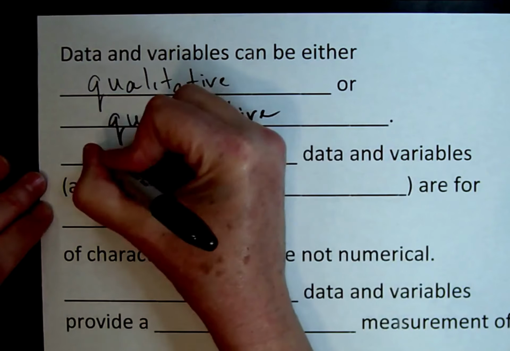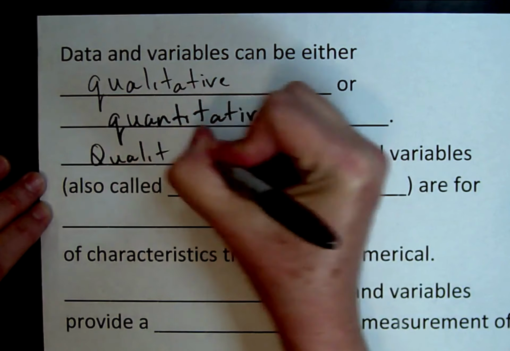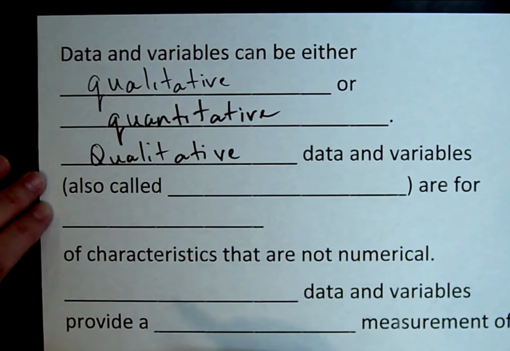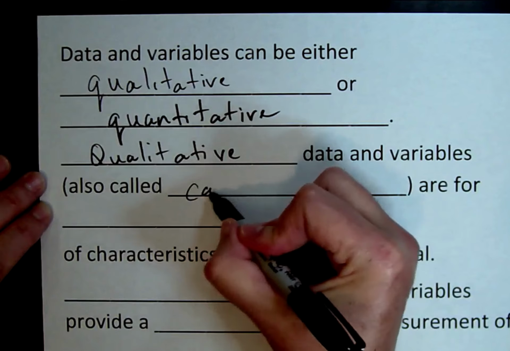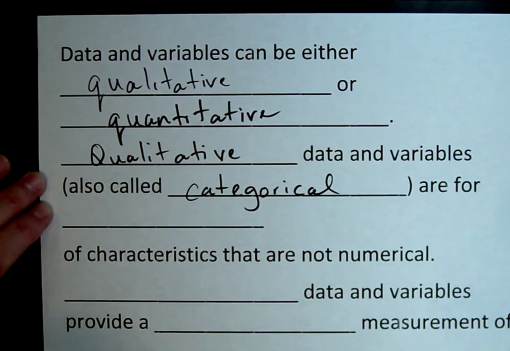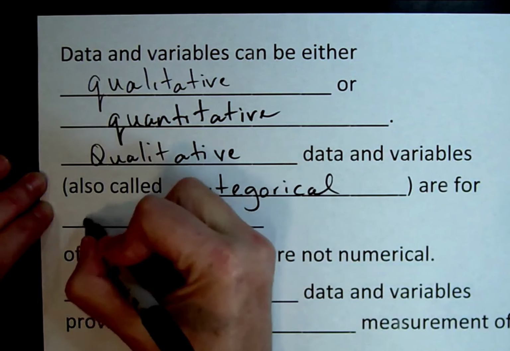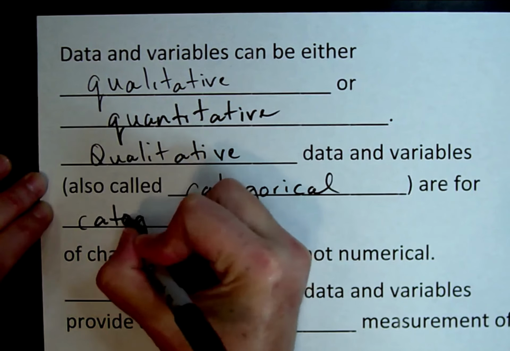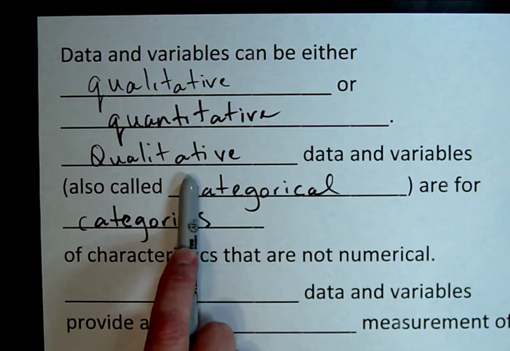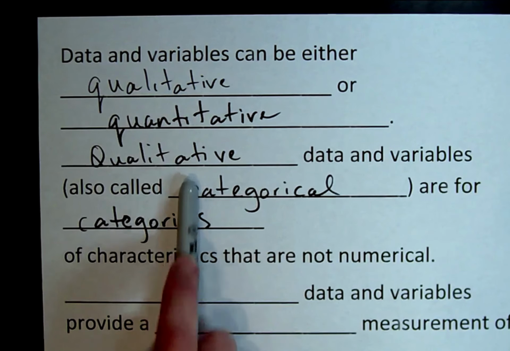Qualitative data and variables, which, by the way, are also called categorical, are for categories of characteristics that are not numerical. So like color, stuff like that. We'll see some examples in a minute. So qualitative data and variables are not measuring numbers, they're measuring qualities or categories.